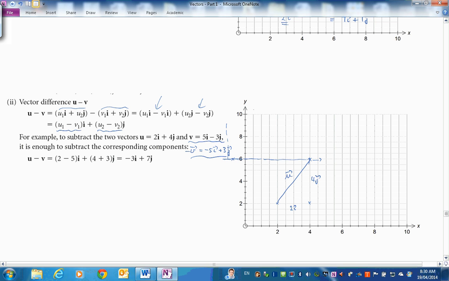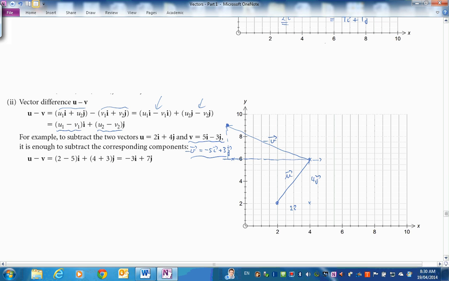I've gone off the scale, what a mess here. So I'm up there, and that's going to be my minus v, isn't it? Because I've got to come across minus 5i and up 3j. So my overall resultant vector, should have thought about that before I put the grid there, shouldn't I?